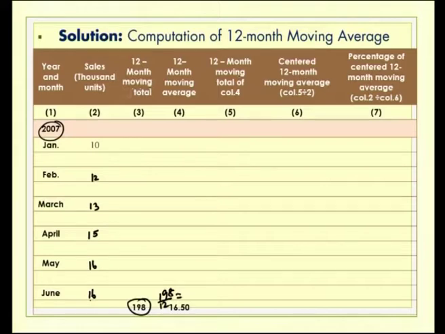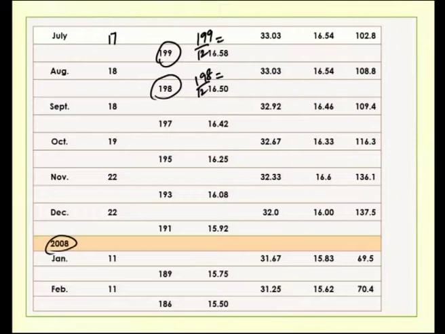Moving total means you have to adjust and write. The 16.5 is not representing any month, right? It is written just in between June and July. It is not representing any month. The values 16.5 and 16.58 have to be centered.